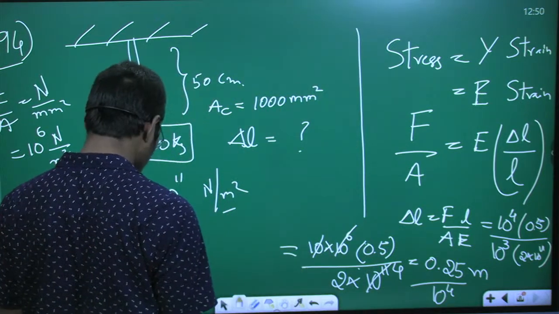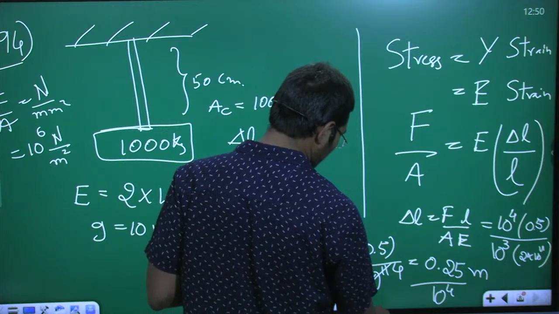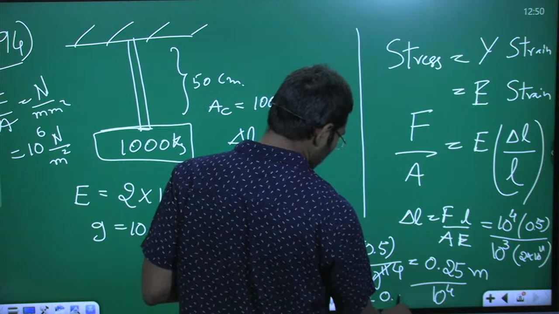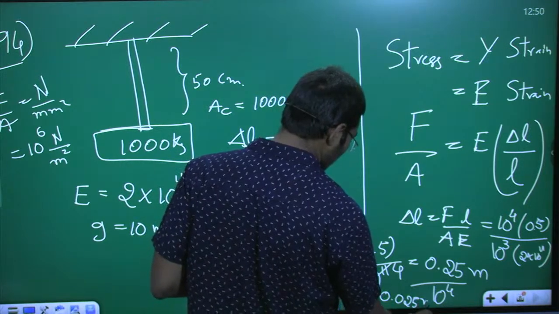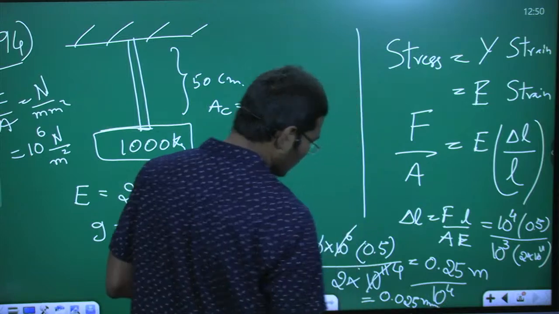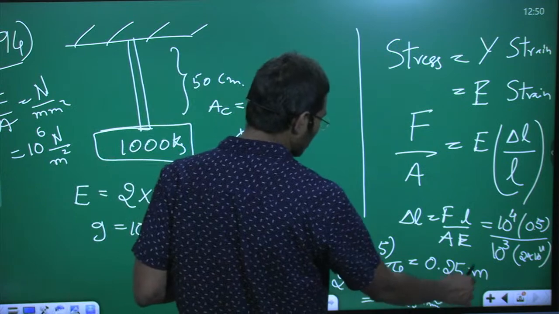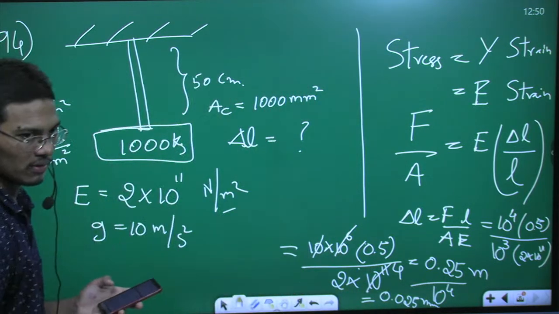Here it is being asked in mm, right? So 0.025 mm. Hope you got the units conversion, like 10 power 3 becomes millimeter and 1 0 goes up and 0.025 mm.